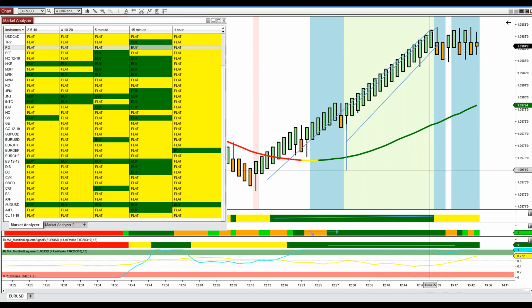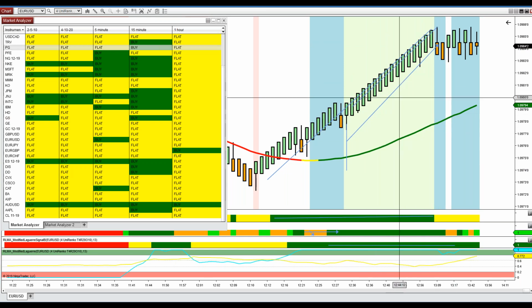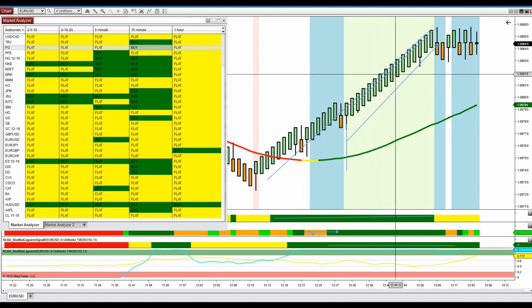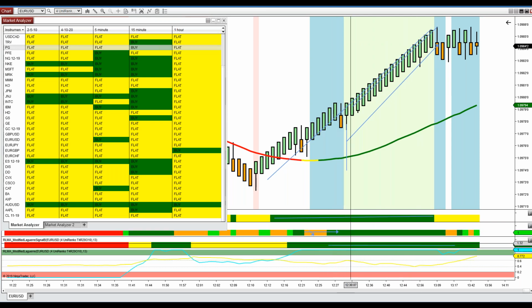If a race car is going around the track at 100 miles an hour, its momentum is flat. What this is looking at is the rate of change in speed. So if the instrument is accelerating to the upside, that's when this locks long. And that's when we know there's so much buying pressure on the market on a multi-time frame basis.